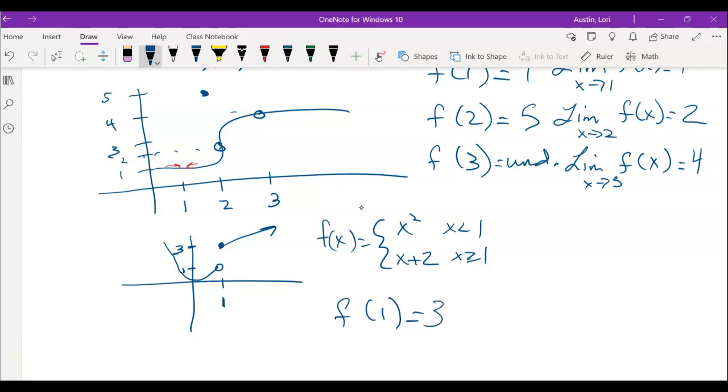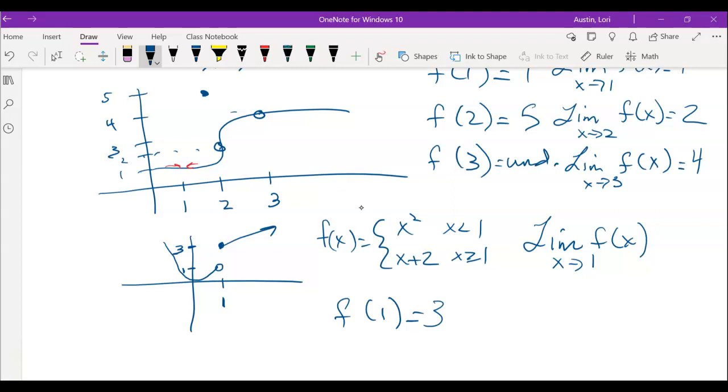Let's talk limit now. What is the limit of f of x as x approaches 1? In this case, it's going to be pretty important to look at both what's happening from the right and from the left. And I promise at some point I will get you a theorem about that.